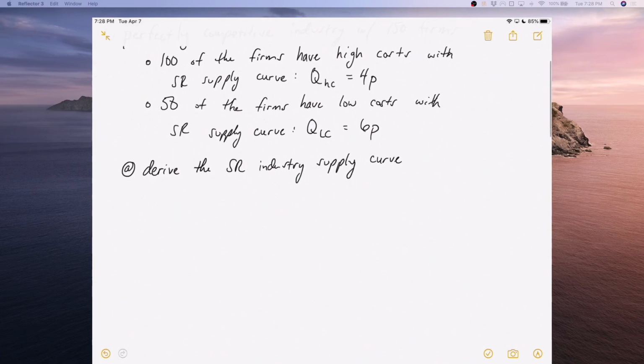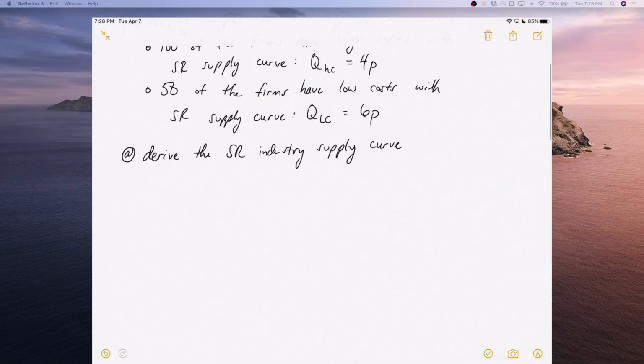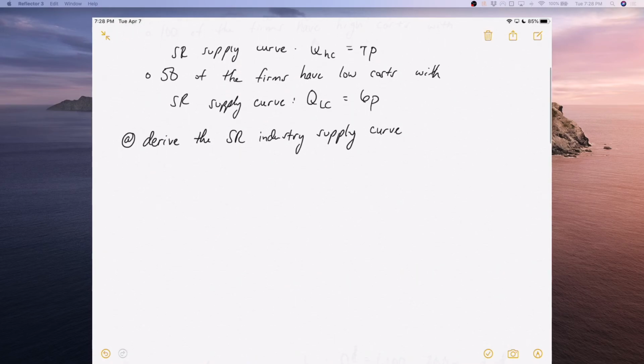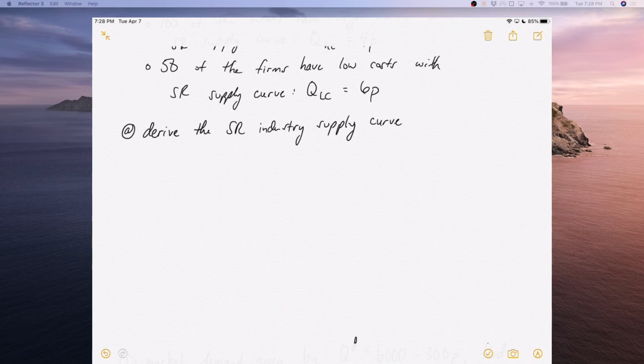So the first part is asking for you to derive the short run industry supply curve. In order to find the supply curve for the total industry, you have to add together the production for the high cost firm and the low cost firm. What does this mean in reality?